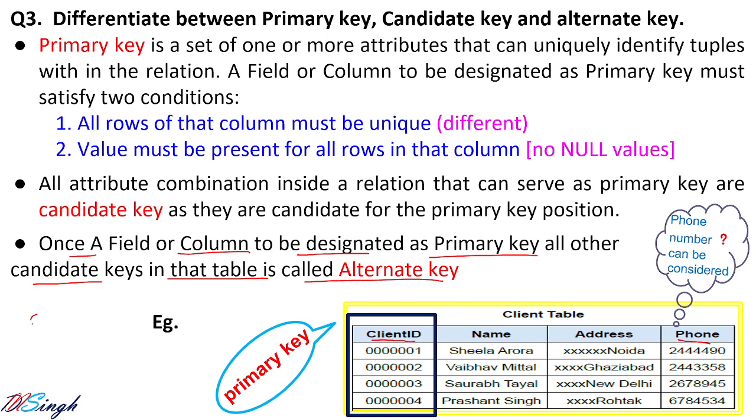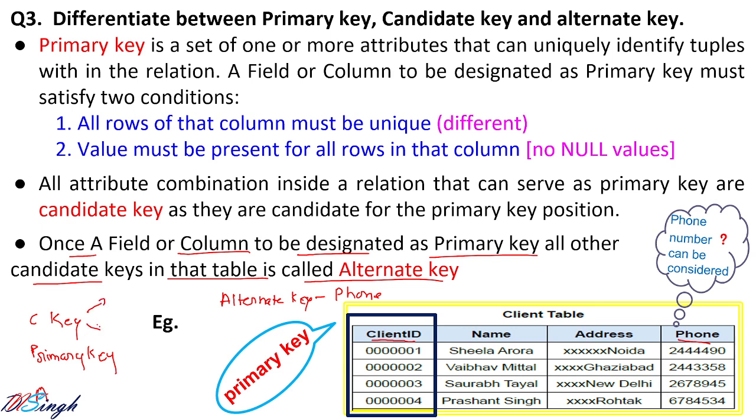So if I write here candidate key, primary key, and alternate key. The alternate key is phone number. And what are the candidate keys?